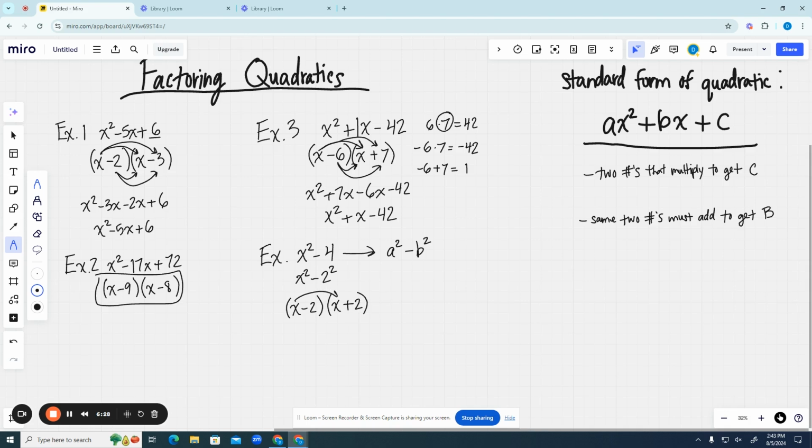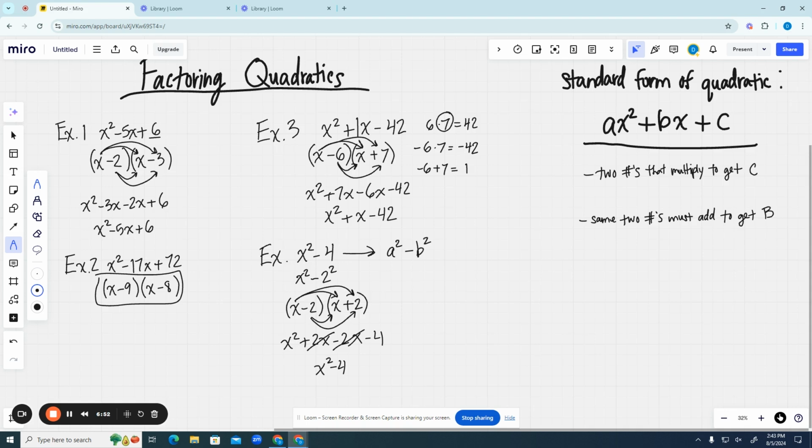So if you FOIL this, you'll get x times x, which is x squared, x times 2, which is 2x, negative 2 times x is negative 2x, negative 2 times 2 is negative 4. And as you can see, these will add to 0, so then you are left with this.